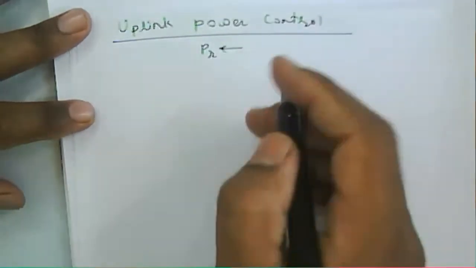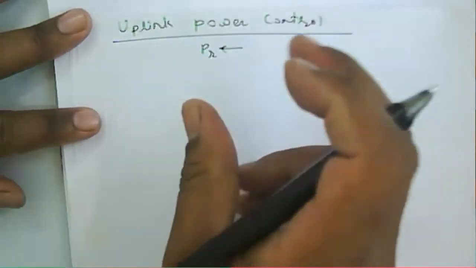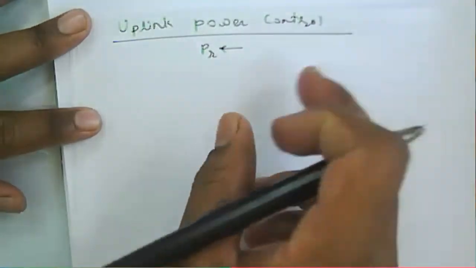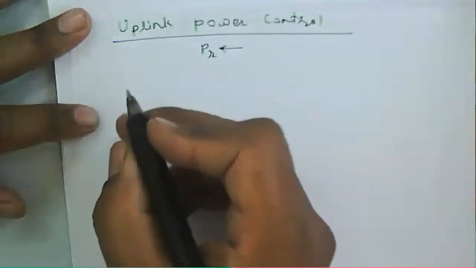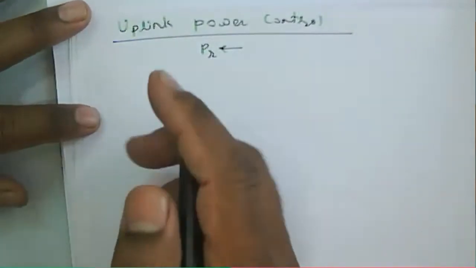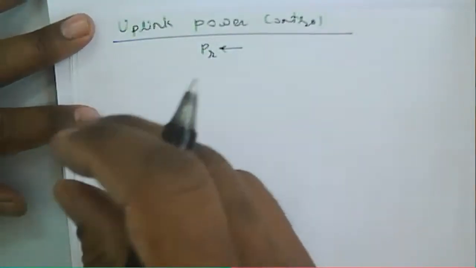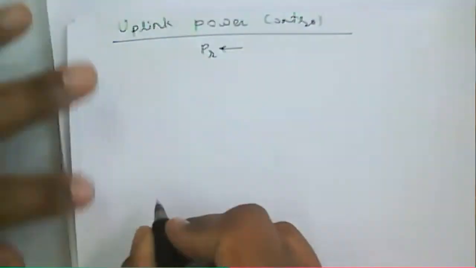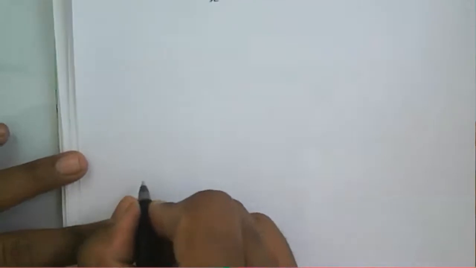So we can say that signal fade is responsible for the attenuation in the given link. Now we can consider uplink power control.